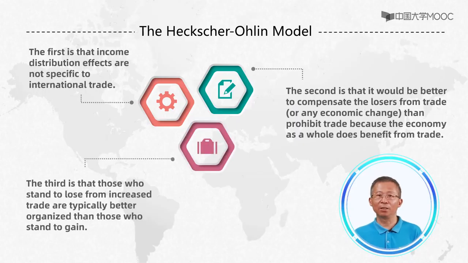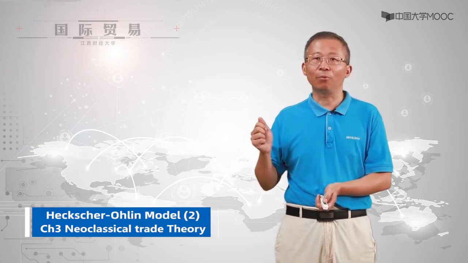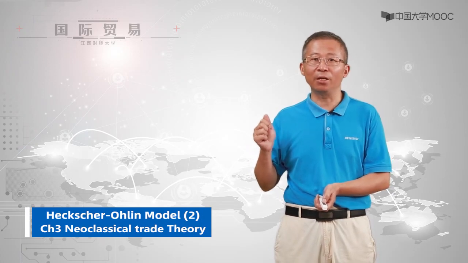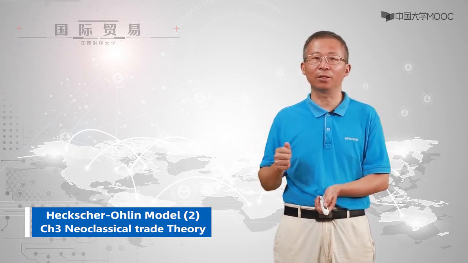The third is that those who stand to lose from increased trade are typically better organized than those who stand to gain. This imbalance creates a bias in the political process that requires a counterweight, especially given the aggregate gains from trade.